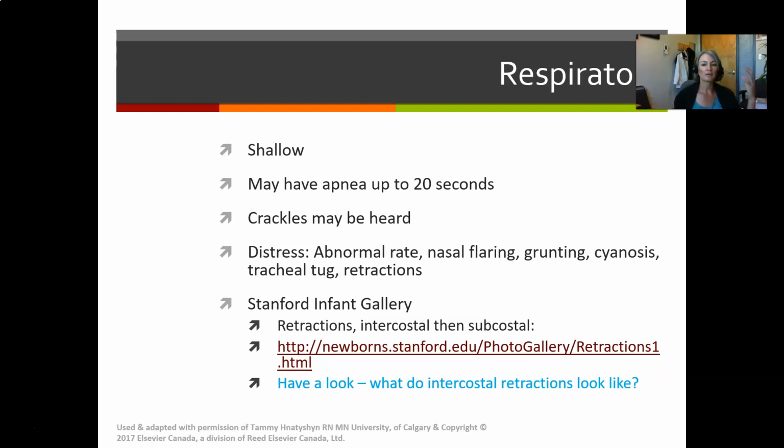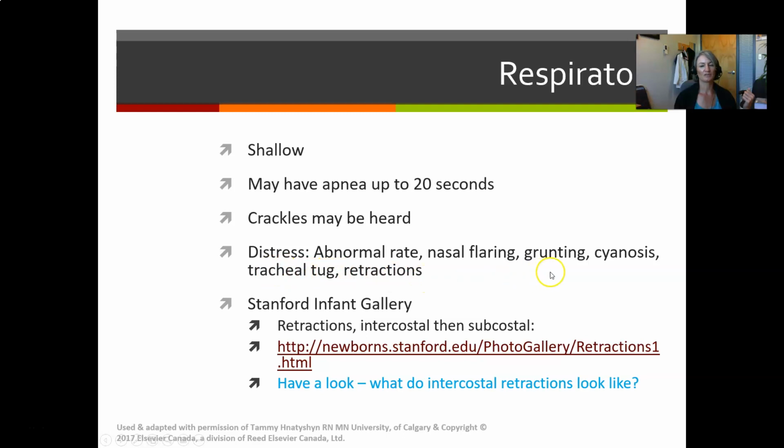So they're periodic breathers, and that's normal. But if they have pauses longer than 20 seconds, now we're apneic. Obviously, that's not normal. Immediately after birth, when they're taking those first few breaths in that first period of reactivity, you might still hear wet sounds or crackles in the lungs.